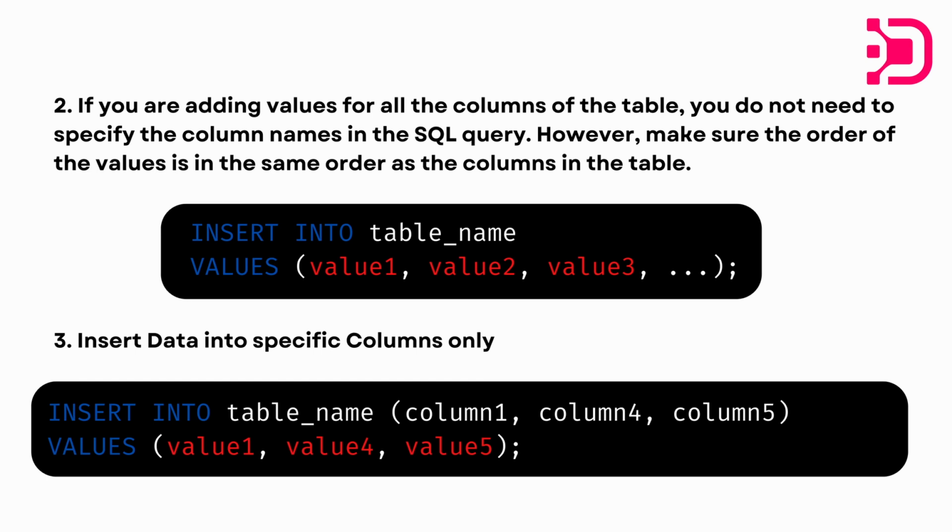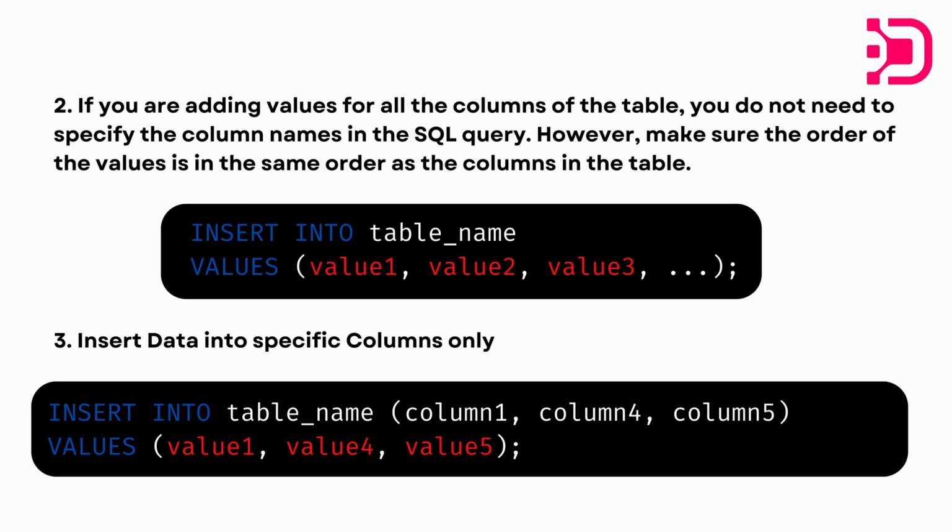We write insert into table name, and then in that list of column names, like we had done in the first variant of the syntax, we list the column names, but here we list only the column names that we want the data to be inserted into. So here, for example, in the syntax, I've given column 1, column 4, and column 5, meaning we've skipped column 2 and 3, but that is just a hypothetical example. And then values, and when we list the values, again we just list the values which we want to be inserted.